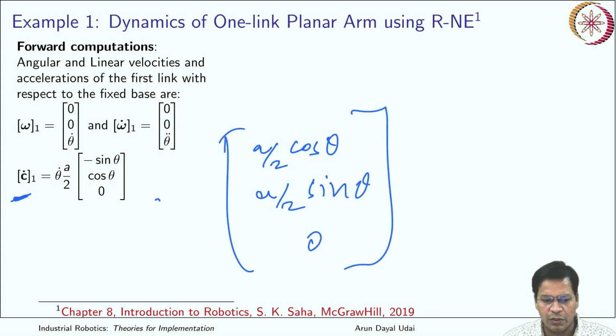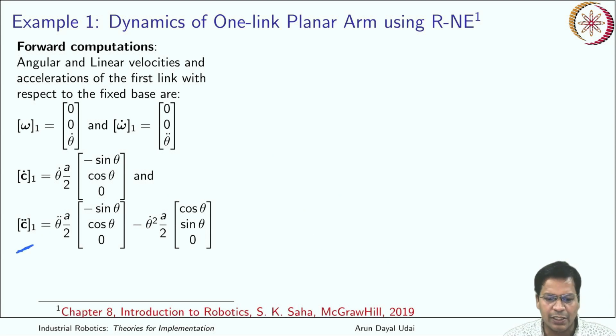So this was your C location in the first frame. You just take the derivative of this and you can obtain this. Got it? And again, acceleration is nothing but the derivative of this. I could obtain this. So this is your acceleration of center of mass, Ci. In this case, it is C1.